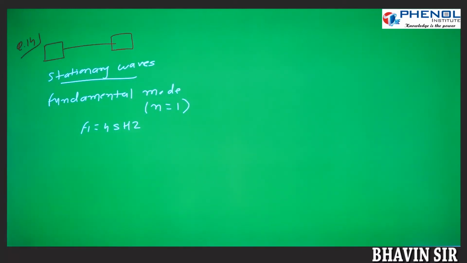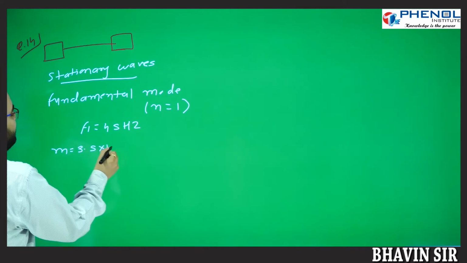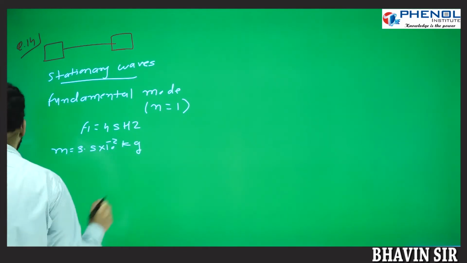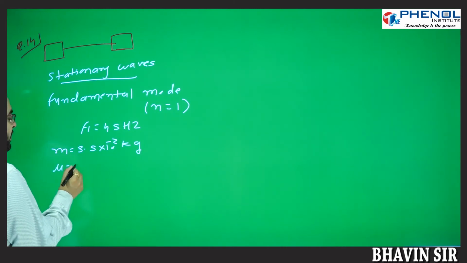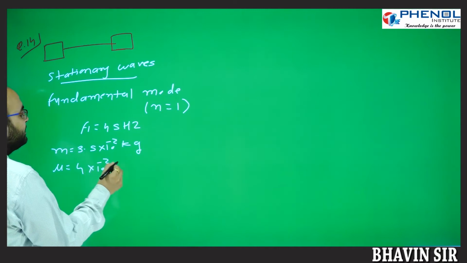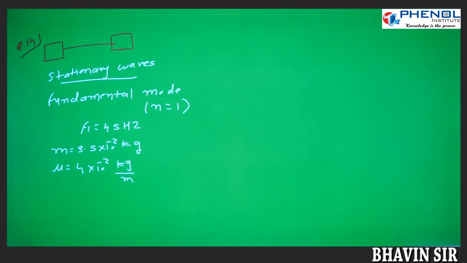Chalo, mass of the string is 3.5 into 10 raised to minus 2 kg. And the linear mass density of the wire, which means mass per unit length, is 4 into 10 raised to minus 2 kg.